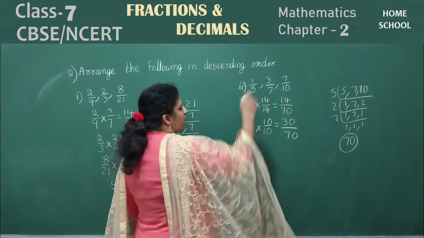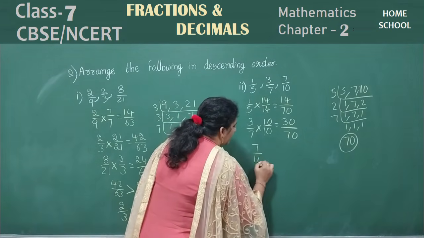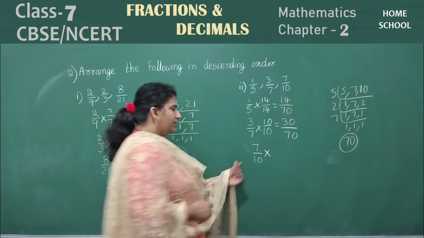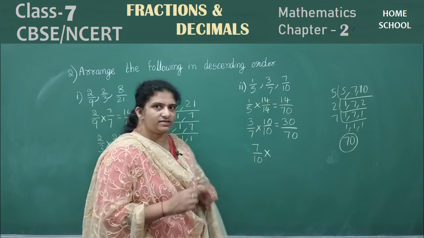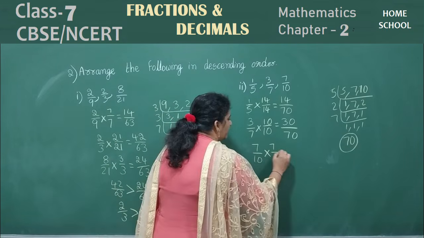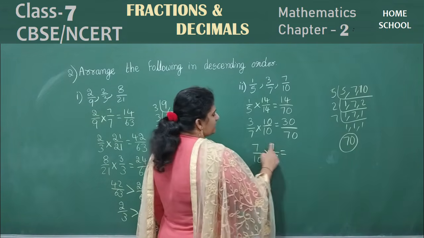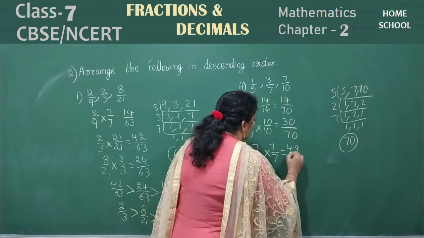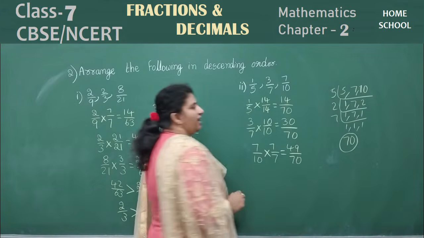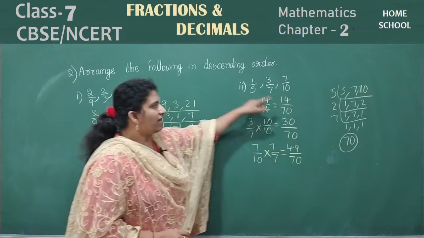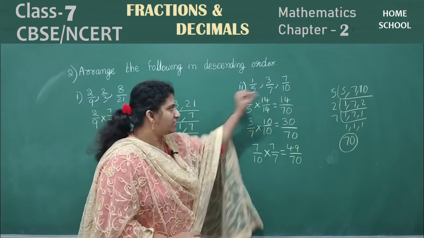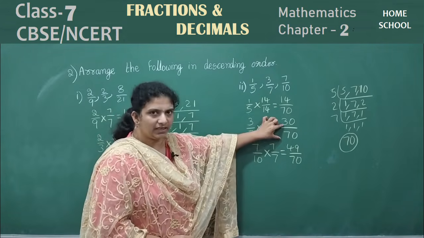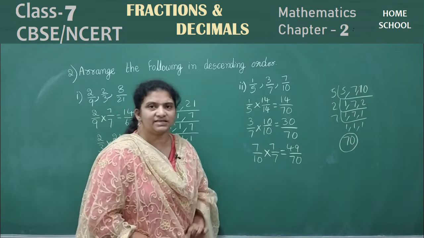See the last fraction, 7 by 10. 10 table, where you get 70: 10 sevens are 70. Multiply numerator and denominator by 7. 7 sevens are 49, 10 sevens are 70. So now observe here, all are equivalent fractions: 14 by 70, 30 by 70, 49 by 70.